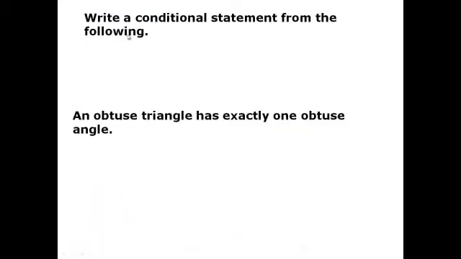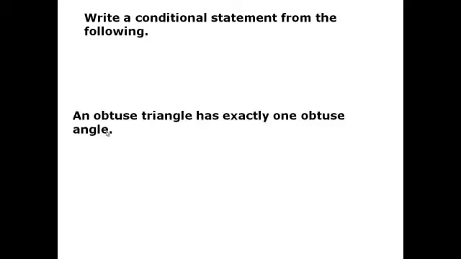Okay, so here we are, we have a statement. It's not a conditional statement, it's just a fact. An obtuse triangle has exactly one obtuse angle. And we need to write a conditional statement from this fact. So let's look at what are the two facets of this statement. What is our hypothesis, or our P, going to be?